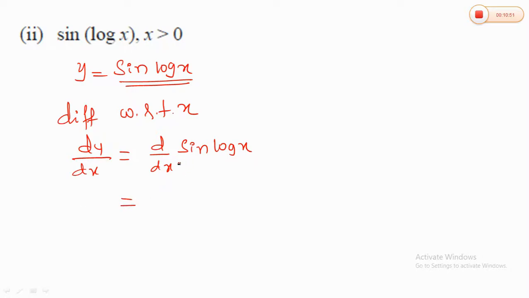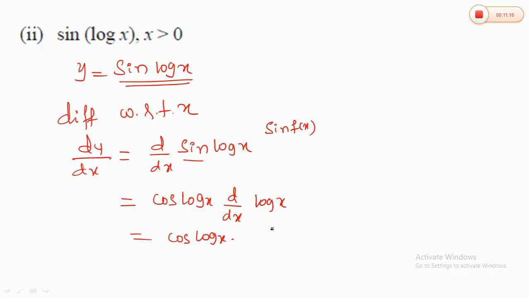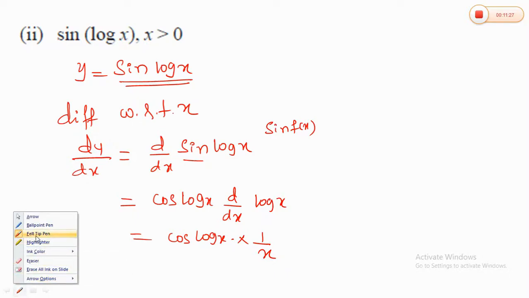First differentiate sine f(x): derivative of sine, then derivative of f(x). Derivative of sine is cos, cos f(x), cos of log x. Then dy by dx of log x. This equals cos log x, derivative of log x is 1 by x. So cos log x by x is the answer. Simple things are there. All these problems carry 1 mark, not more than that.